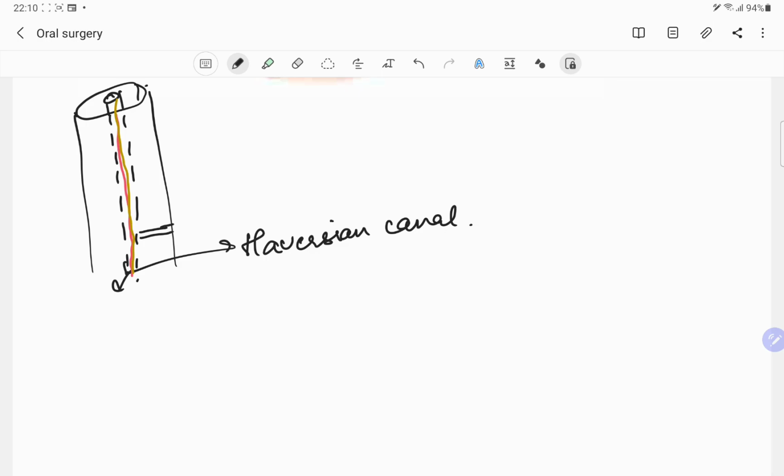These empty spaces are known as the lacunae, which house the osteocytes and connect to the other osteons.